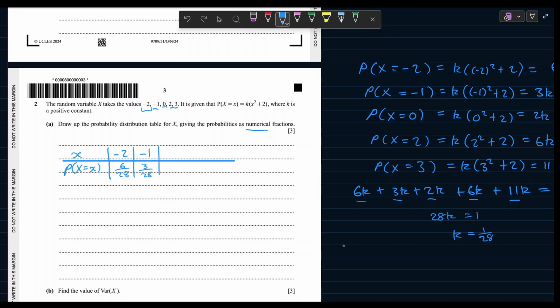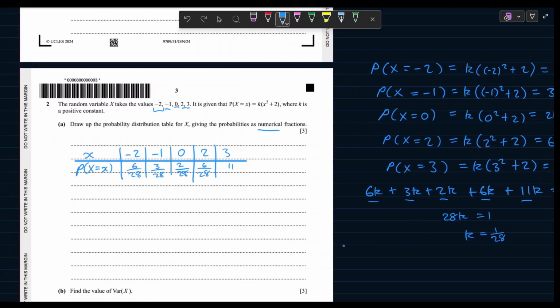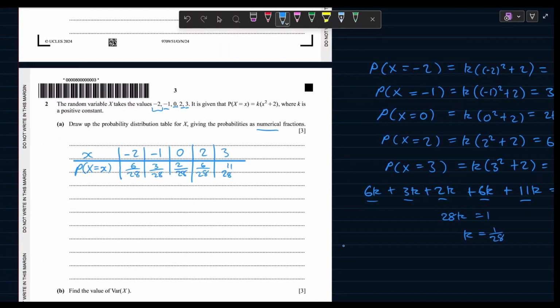The next value is 0, which has a probability of 2 over 28. The next value is 2, which has a probability of 6 over 28. And the next value is 3, which has a probability of 11 over 28.